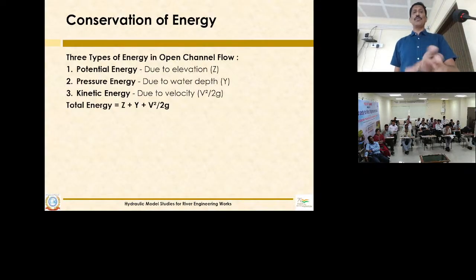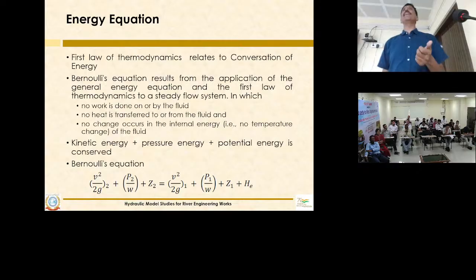The sum of these gives the total energy, and you have to conserve this energy. So Bernoulli's equation comes into place. Bernoulli's equation is about the conservation of energy. It is derived from the first law of thermodynamics and applied to the energy equation. How the balancing of these terms takes place has been established by Bernoulli, and this is the very famous Bernoulli's equation.